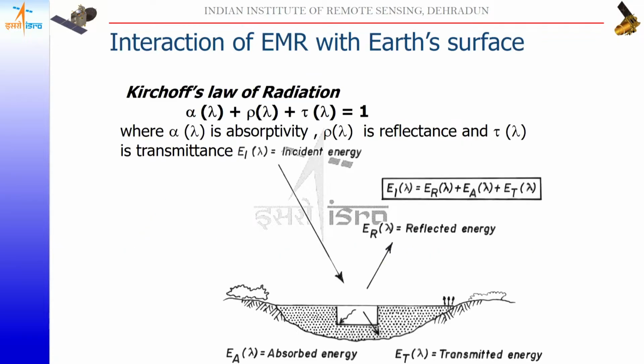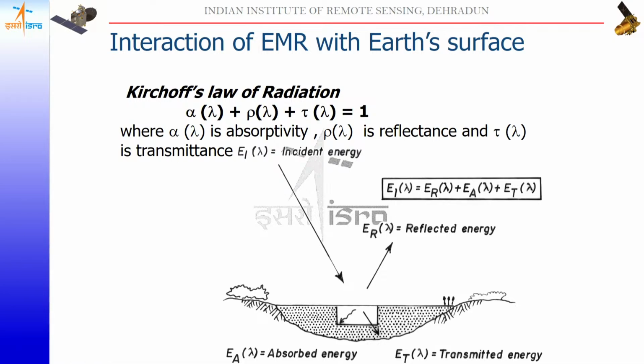Coming to the interaction of electromagnetic radiation with the Earth's surface, the incoming light is composed of two signals. One, it gets reflected, another it gets transmitted, and part of it which is traveling inside can be absorbed by the medium.